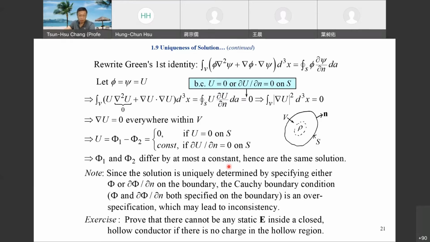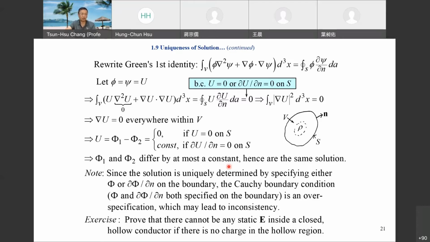So we proved all the solutions should be the same. So we got one unique solution. Therefore, we don't care how you solve the problem, provided that you satisfy Poisson's equation and you satisfy the boundary condition.